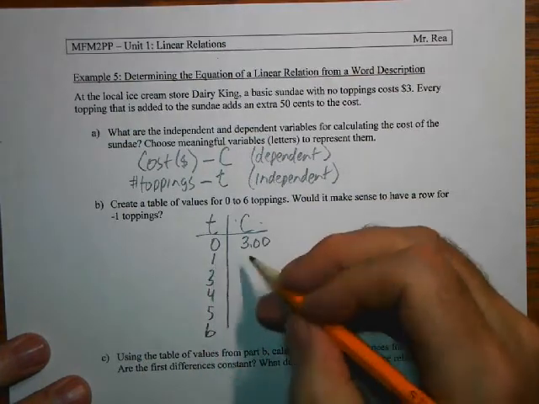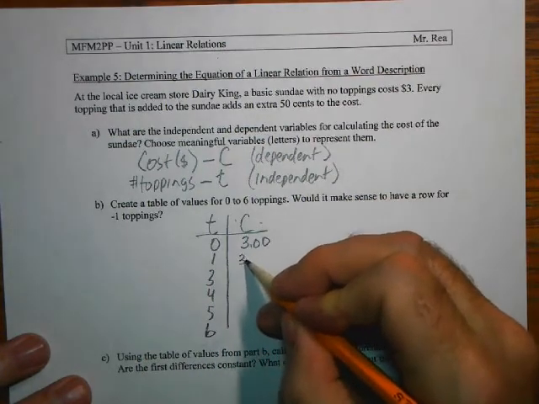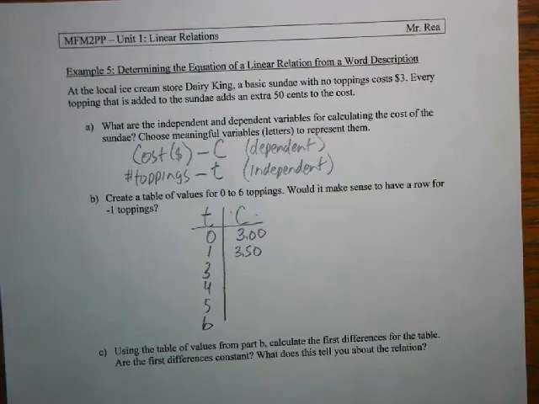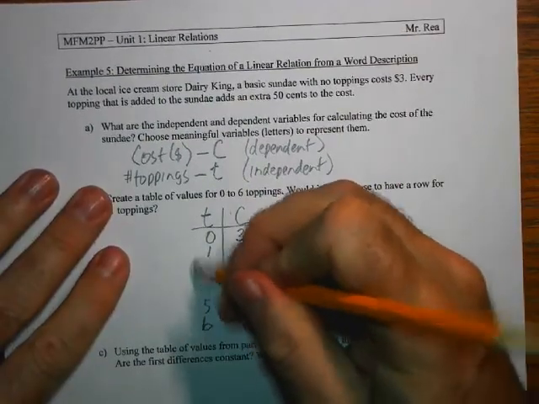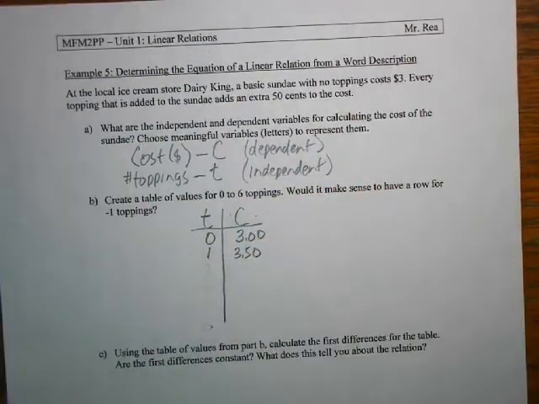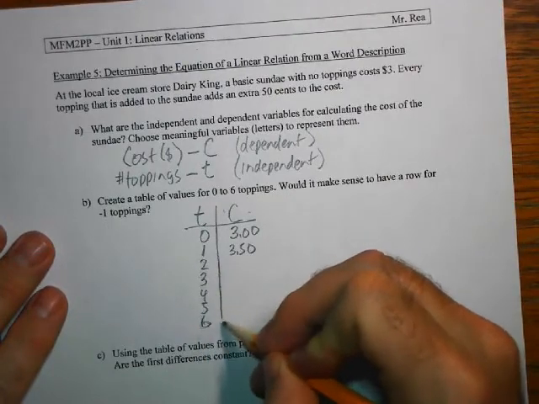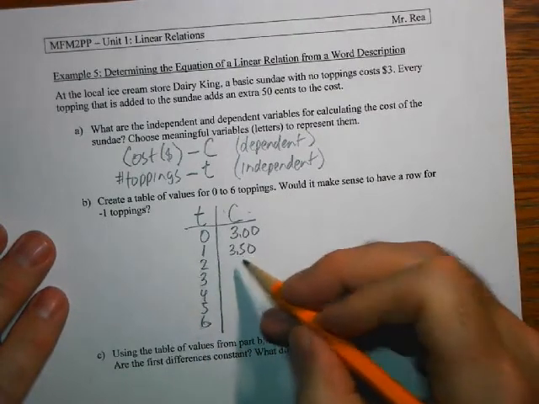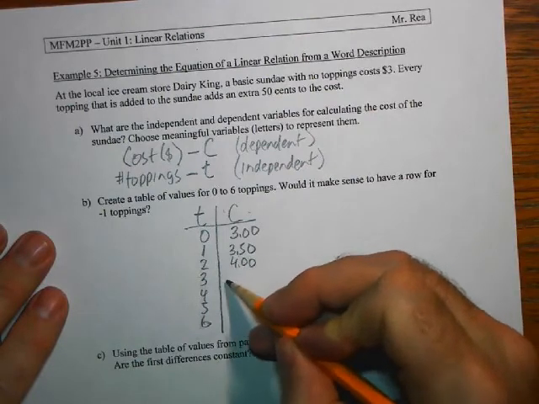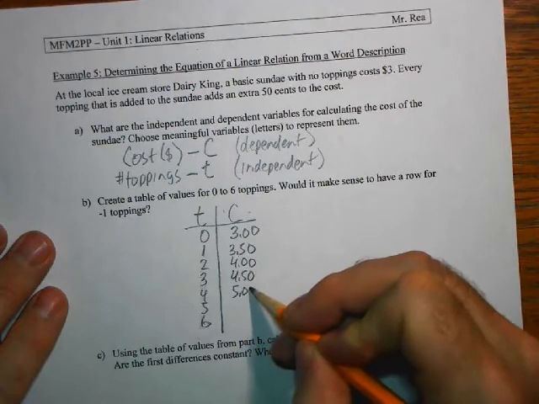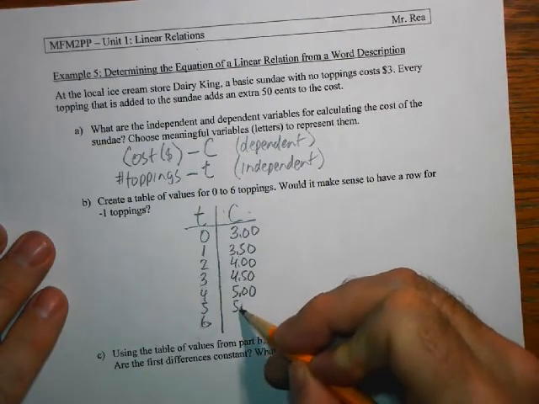If I get one topping, it'll be $3.50: $3 for the ice cream and 50 cents for the topping. Oops, I skipped an entry here, so let me go back and fix that. Another 50 cents is $4, then $4.50, $5, $5.50, and $6.